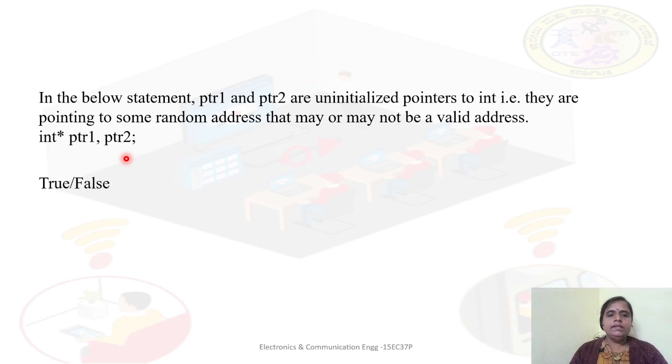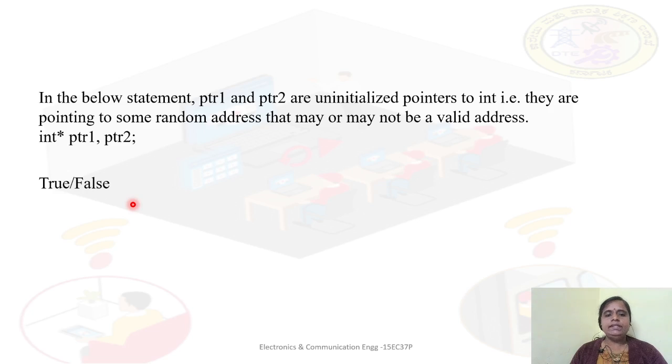Next, in the below statement, pointer 1 and pointer 2 are uninitialized pointers to int. That is, they are pointing to some random address. That may or may not be a valid address. Whether it is true or false. Just now we have gone through the fact that the pointer has to be initialized, isn't it?